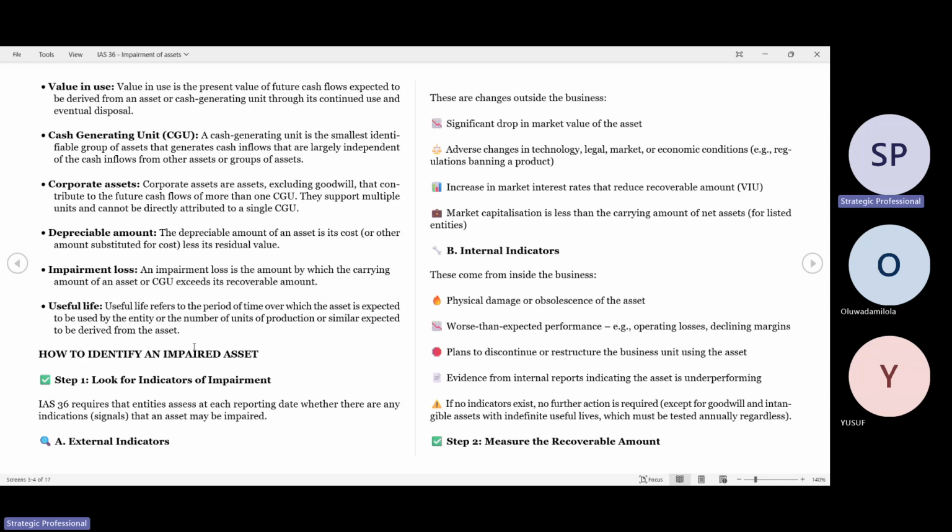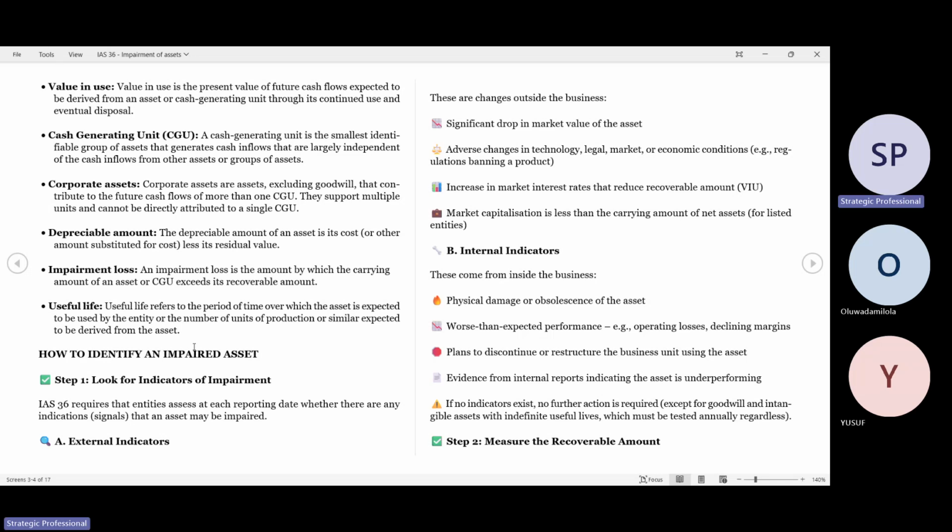Now, to start with, what are external factors? External factors or external indicators are what is beyond the control of the organization. The organization cannot control it. For example, a significant decrease in the market value of the asset, or a significant drop in the market value of the asset. So, you are saying in your books you have property, plant, and equipment of $75 million.